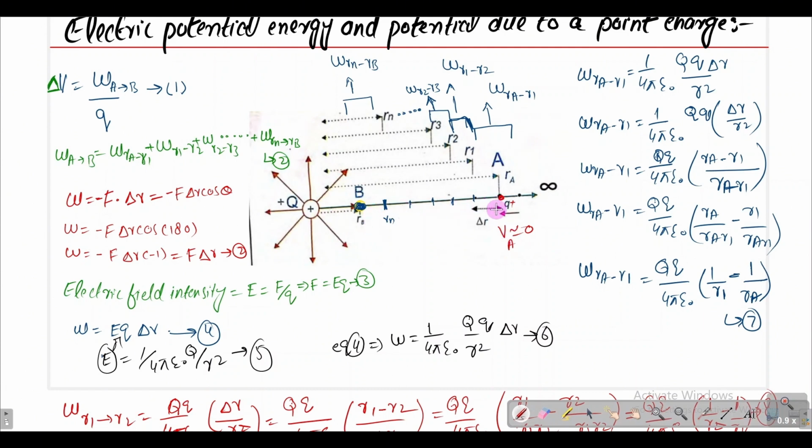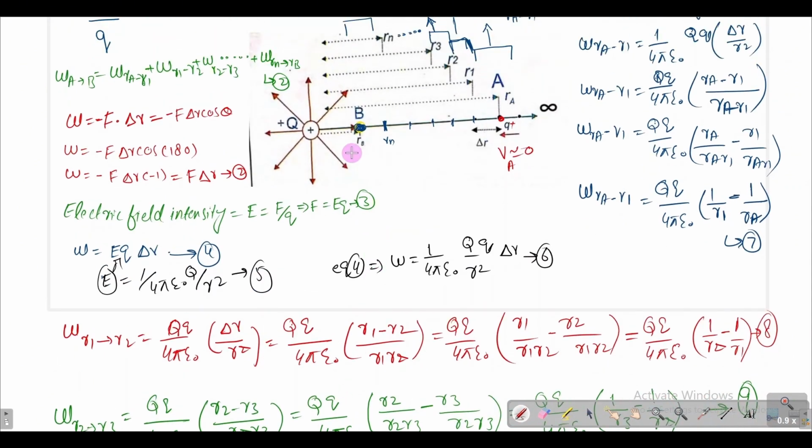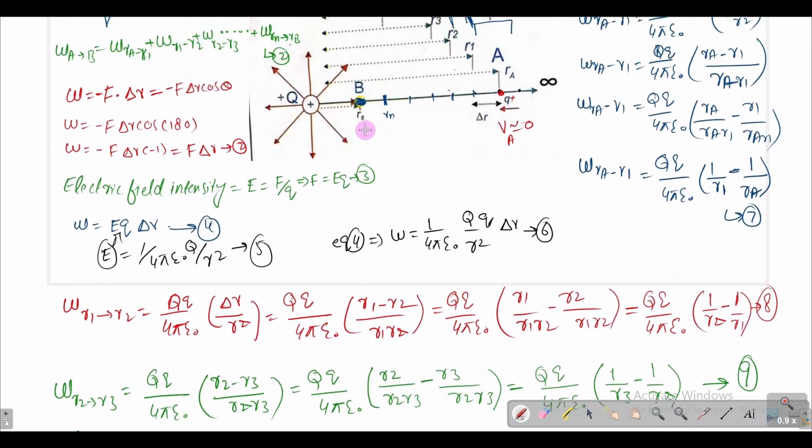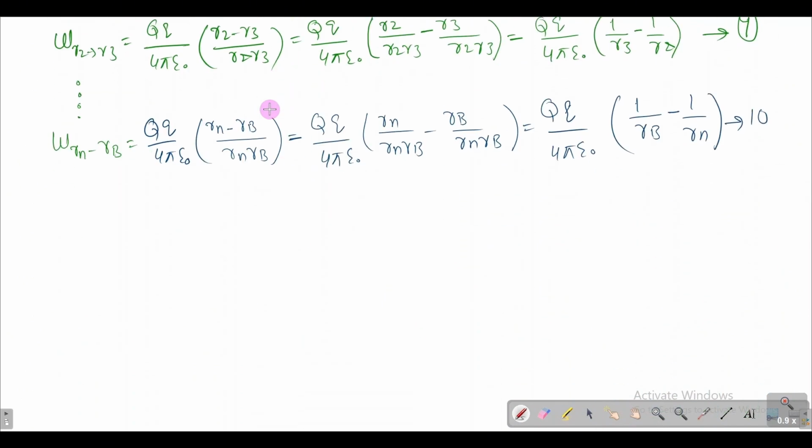In order to find the work done from point A to point B, we will add all those steps, and that is present in equation 2. So now we will proceed with equation 2.